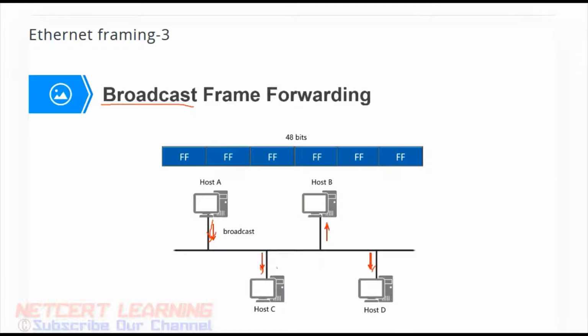When this is a broadcast, in the frame header there's a destination MAC, a source MAC, and a type. The source MAC should still be host A, who sends the frame, so it uses host A's MAC address.